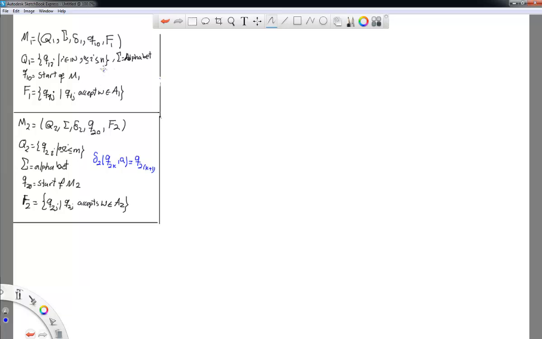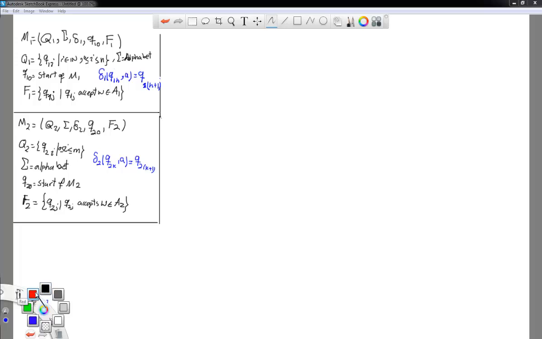So the delta 1 of Q sub 1, let's call this H, and A goes to Q sub 1 H plus 1. Perfect.